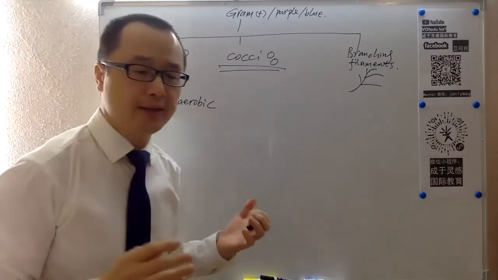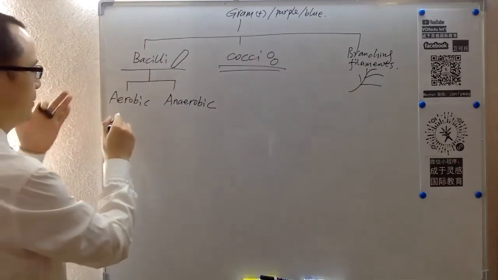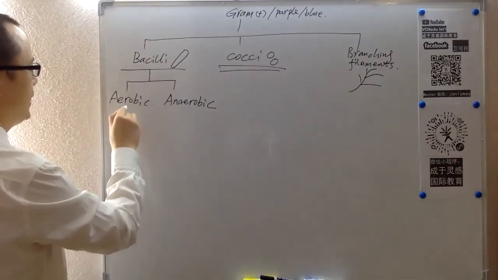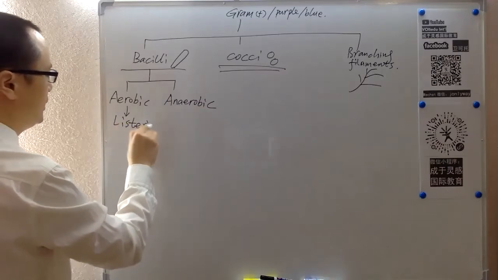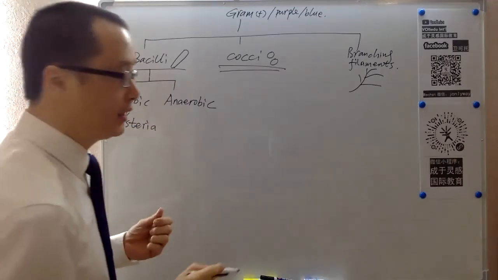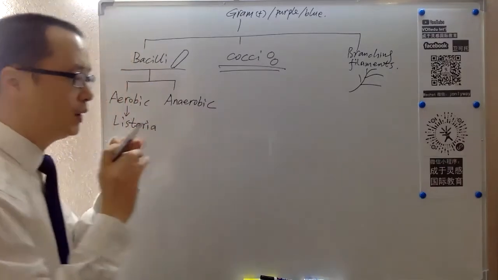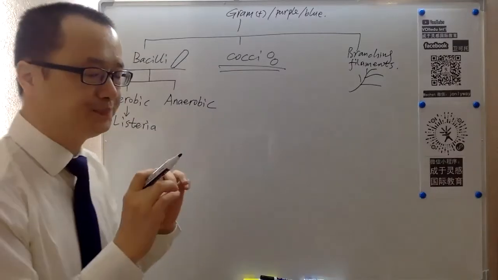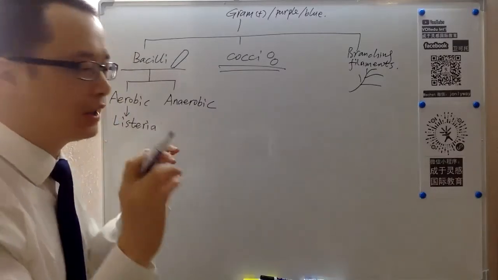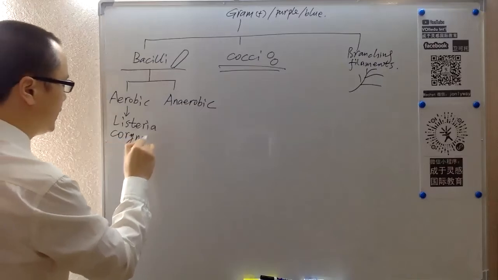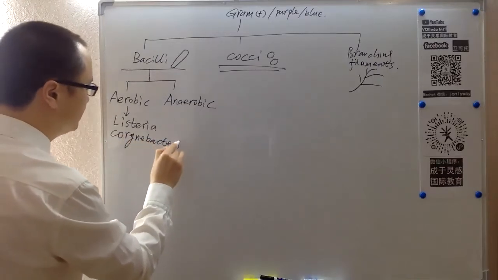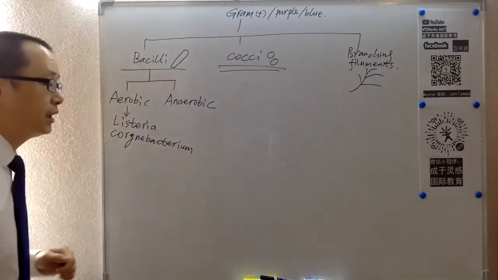As we know, among the aerobic bacilli, there is Listeria, and there are bar or shard-like bacteria like Corynebacterium.